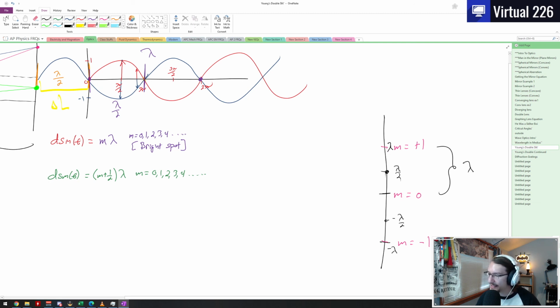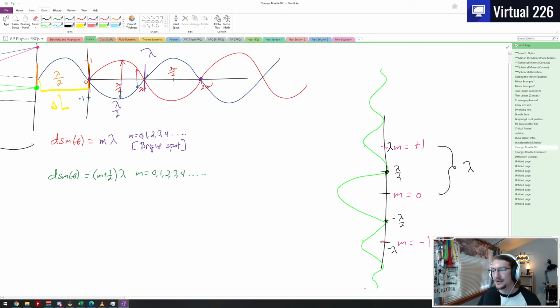Here would be dark, and here would be dark. So we would see some sort of large central peak, and then these have to be bright points again at lambda and minus lambda because we're once again coherent. So our light comes back up, and then we kind of see a pattern like this.